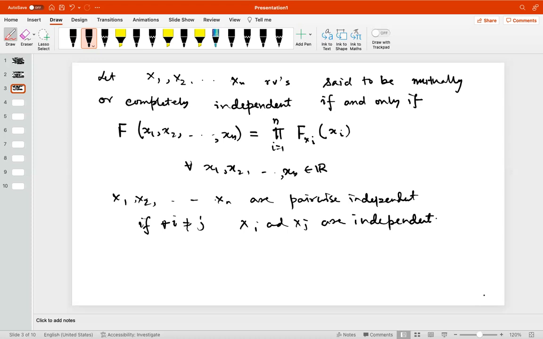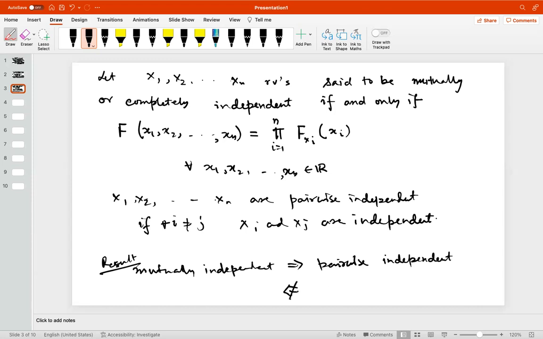So pairwise may not imply mutual. But mutually independent implies pairwise, but not the other way, that is not true.